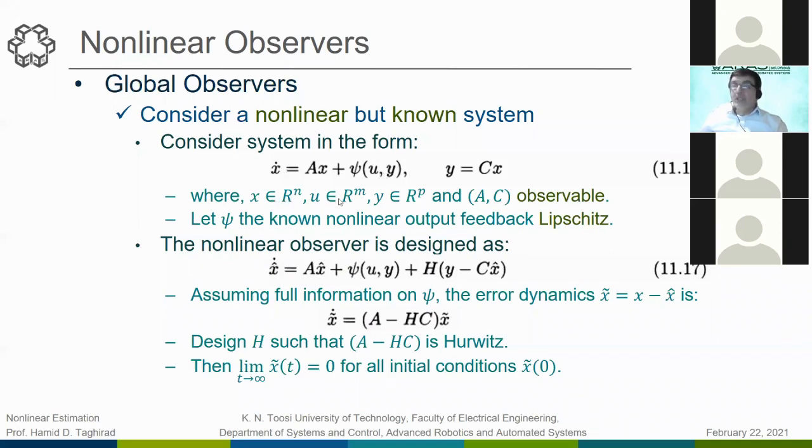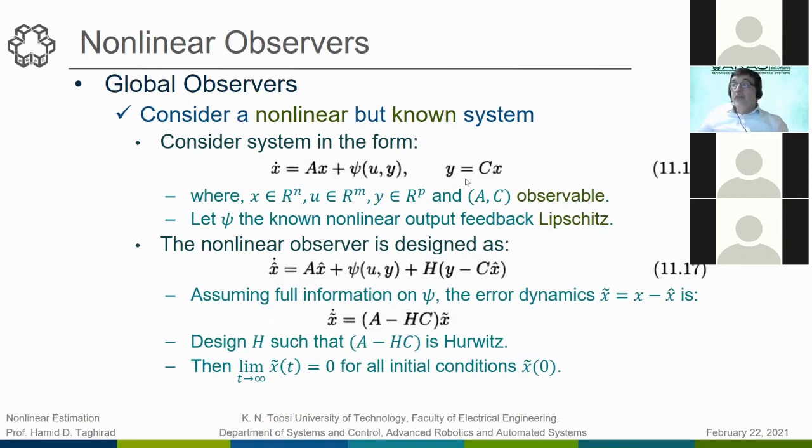Of course, everything we consider here is multivariable. X belongs to R^n, u belongs to R^m, and y belongs to R^p. And as before, we need the pair A and C to be observable or detectable, so that an observer can be designed.